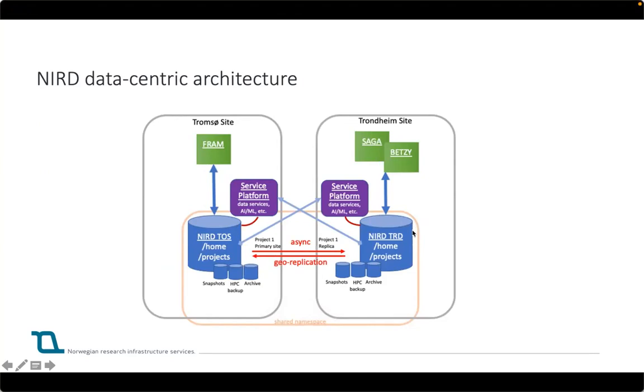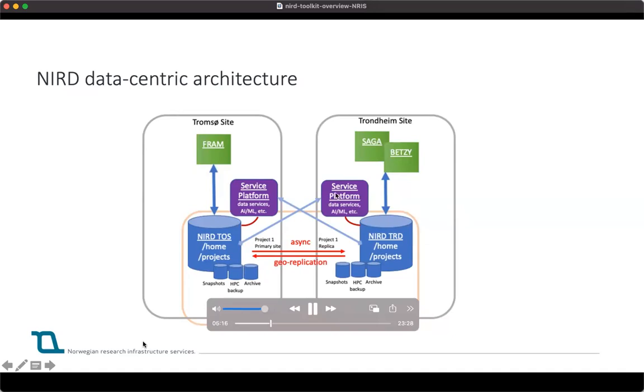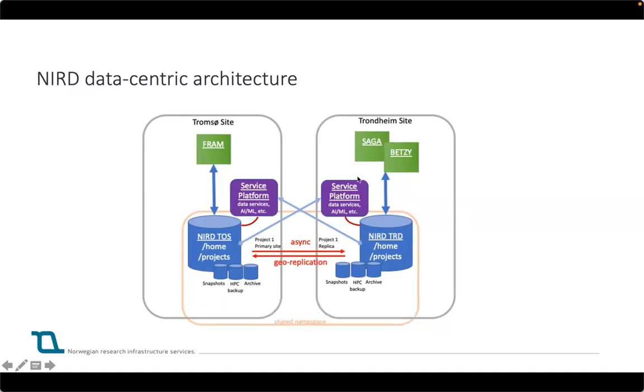But the project has a primary site, so some projects are mounted onto the Fram login, and some are mounted onto Saga and Betsy. And there is a service platform that the NIRD Toolkit is running on top of. And you can see that there is one service platform on each site.